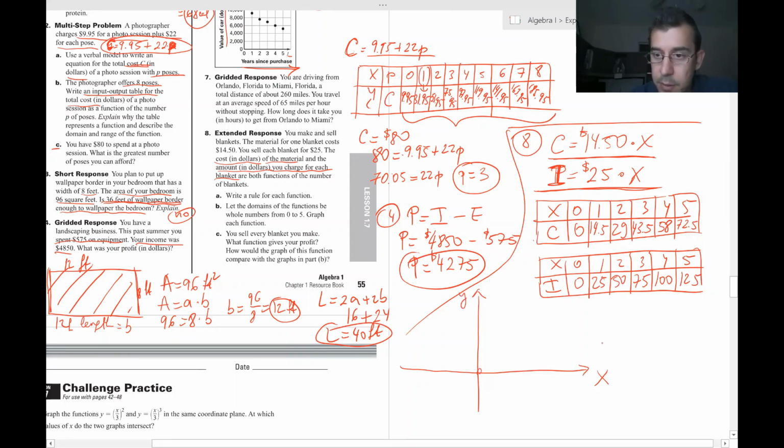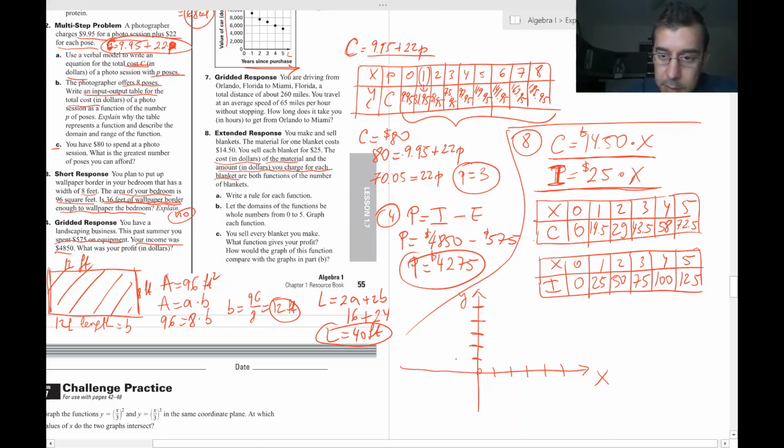So x is 0 to 5. So 0, 1, 2, 3, 4, 5. And then the values go to 125. So let's say 25, 50, 75, 100, 125.